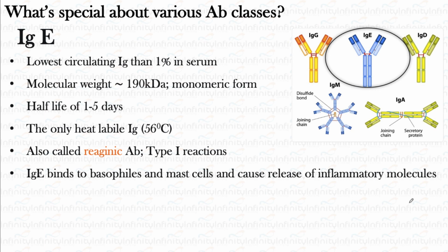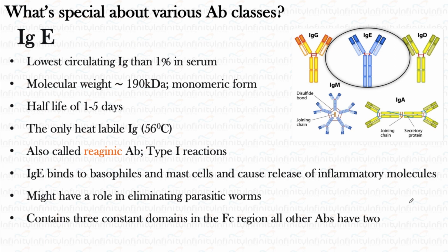Degranulate means the mast cells and basophils contain a lot of granules that contain inflammatory molecules, and IgE, after binding to these cells, lets these molecules loose and hence can cause a high amount of inflammation and anaphylactic shock as well.